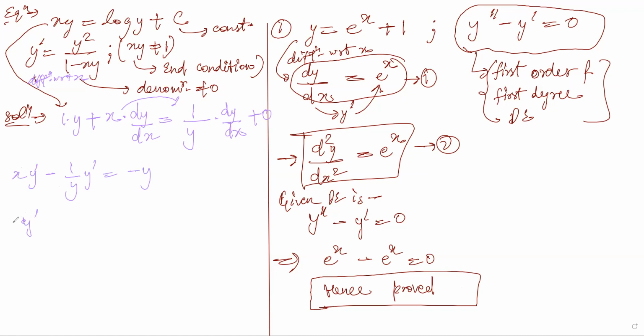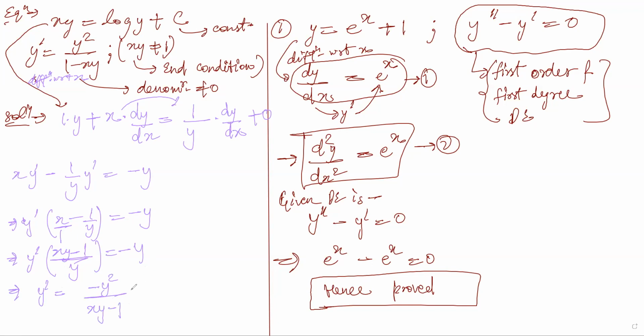So take y dash common, this will be x minus 1 by y is equal to minus y. You can take y as LCM, so it will be xy minus 1 upon y, is equal to minus y. Y dash is equal to minus y square upon xy minus 1.